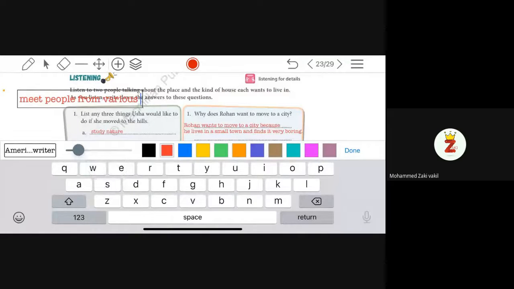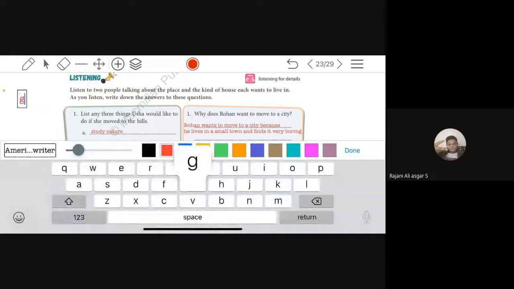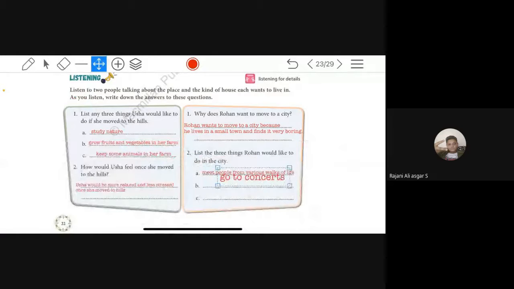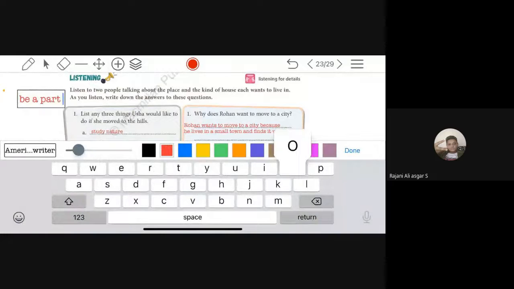And be a part of theater. Being a part of street theater.